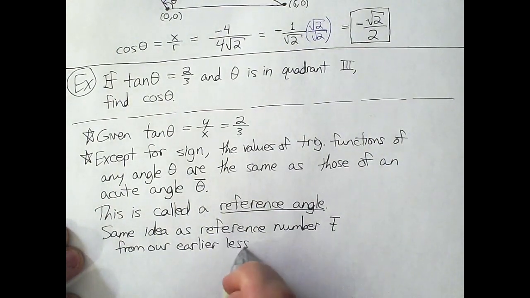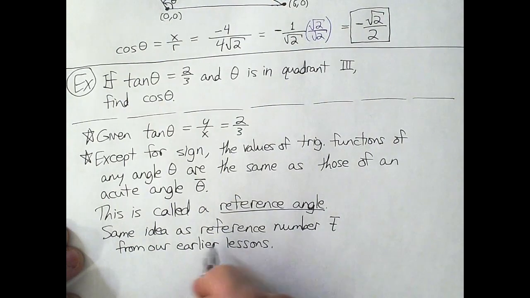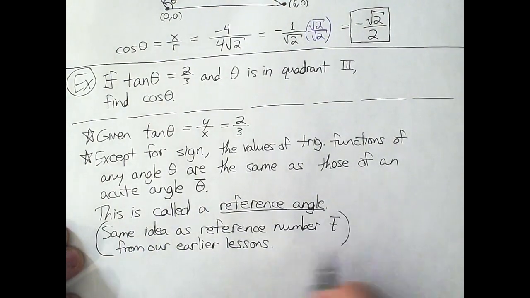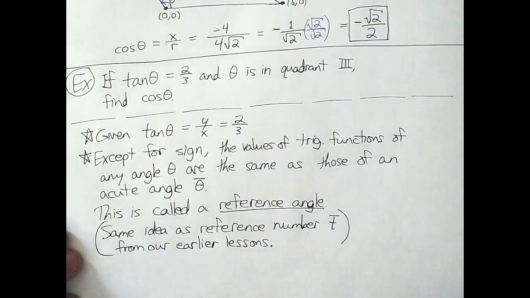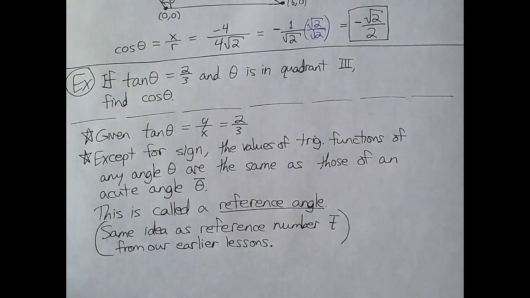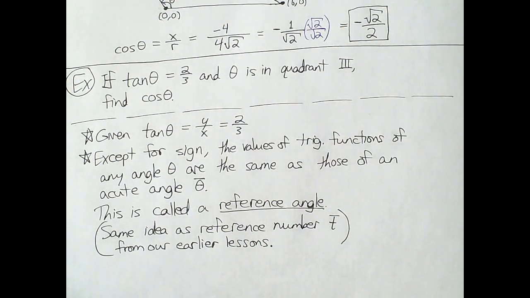I'm going to put that in parentheses. Remember when we talked about reference numbers and T bar and how it could help you figure out a trig function of a T value? Well, now we might want to find a trig function of a theta value, and we're thinking of it in terms of angles, but it's a similar idea. Let me tell you what this means.